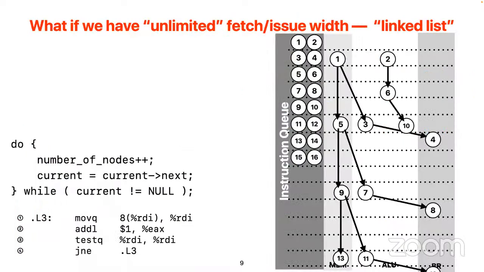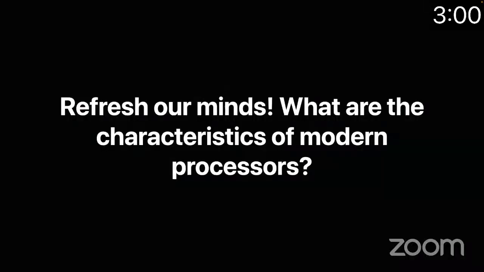But if you look at the code right now, I'm assuming that we lift the restriction that you can only issue 2 instructions at the same time. Instead, I allow any number of instructions to be executed right away once we resolve the data dependency. You still see that the best case, we can only issue 3 instructions at the same time for this piece of code. And the average CPI is still unchanged, right?